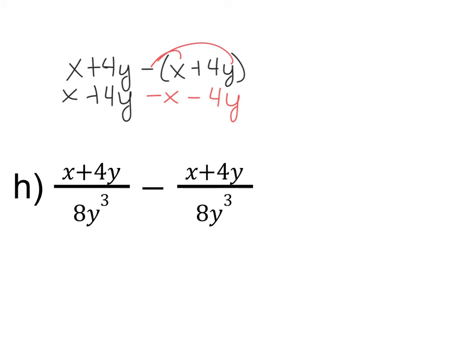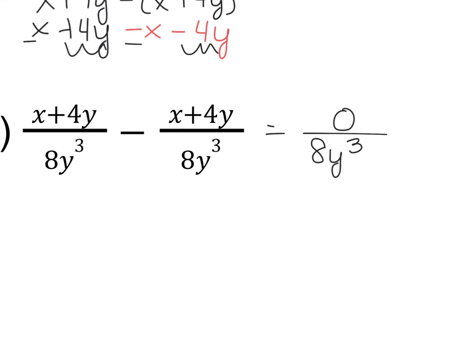All right, combine your like terms. x minus x is just 0. Positive 4y and negative 4y is also 0. So you have 0 over 8y to the third. 0 over anything is just 0. So your answer is 0.